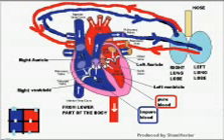So impure blood collected from all over the body through the superior vena cava and inferior vena cava comes into the right auricle and then flows into the right ventricle when it pumps, and then it goes into the pulmonary artery, into two arms. The two arms lead into the two lobes of the lungs.